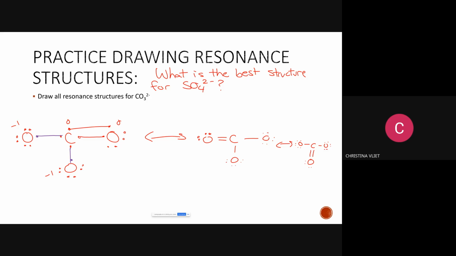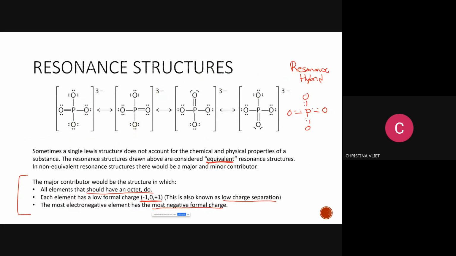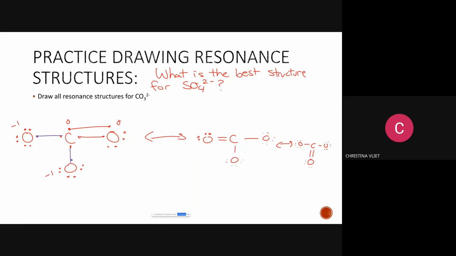See if you can try to figure out what is the best structure for SO4 2 minus using what you know about the rules for formal charge. Meaning, follow them. What is the major contributor to resonance for SO4 2 minus? I want you to think about it. Try drawing it up. See if you can come up with the best resonance structure. And there's a couple variants you can come up with.